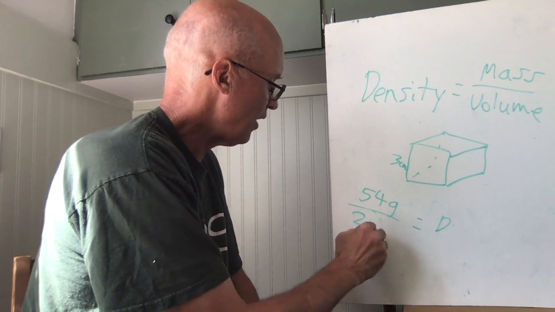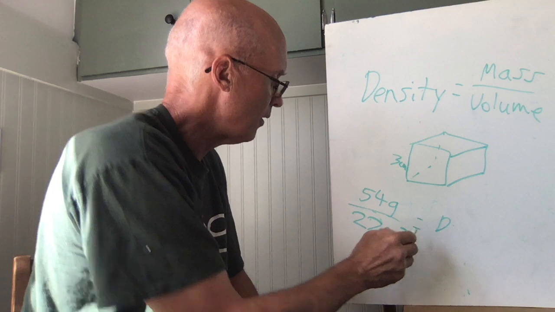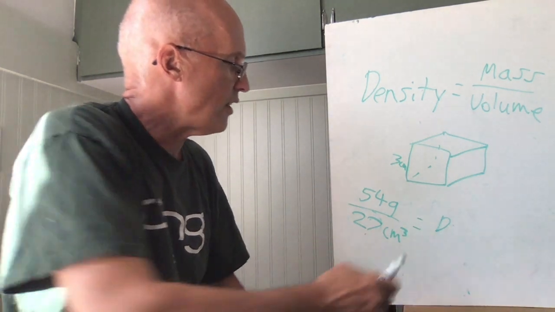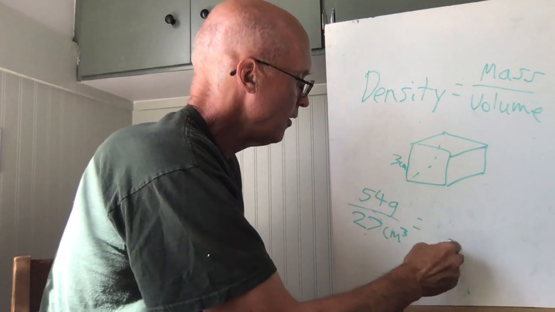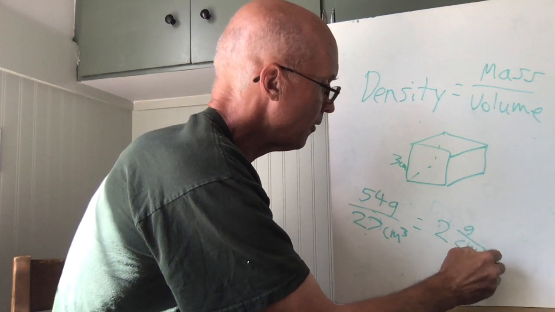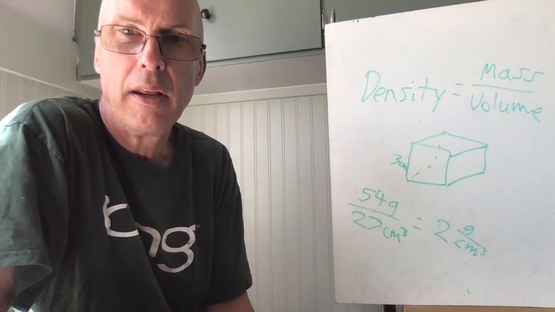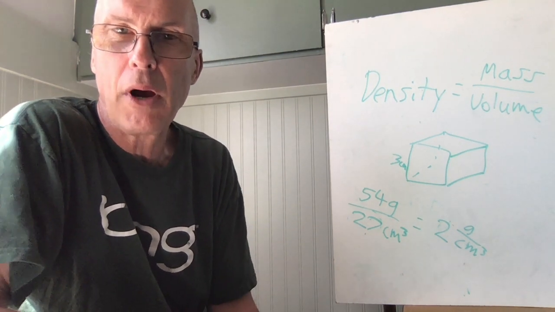It's going to be 27. And this would be cubic centimeters. So you can see that the density is going to be 2 grams per cubic centimeter, or whatever label it's in. But so that's a very simple problem there.